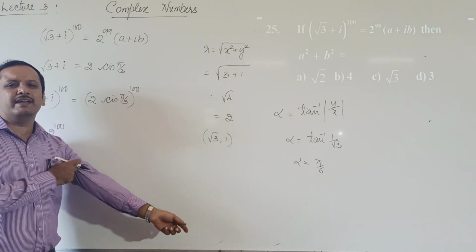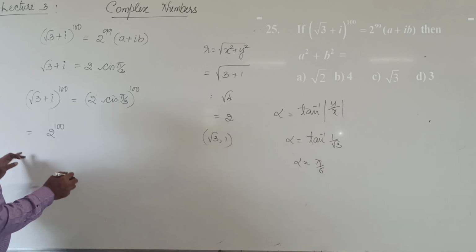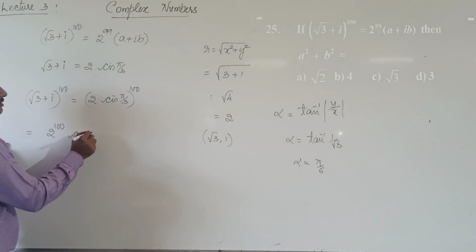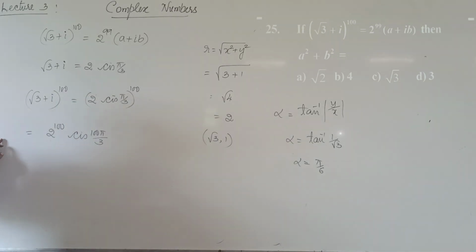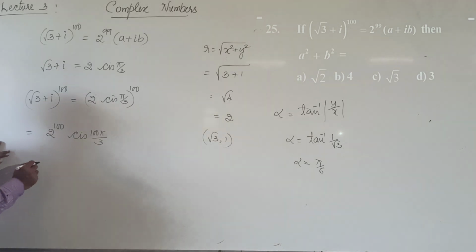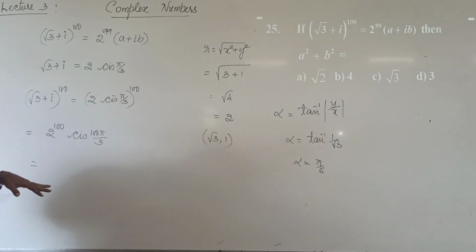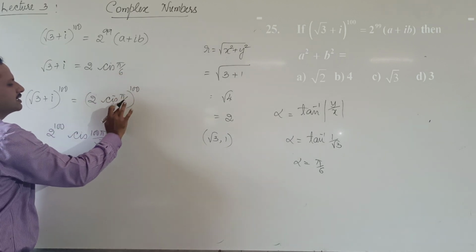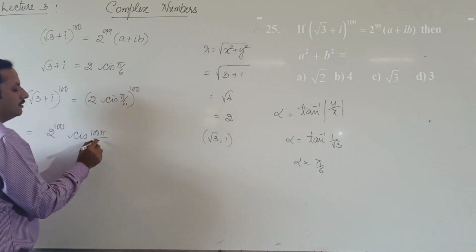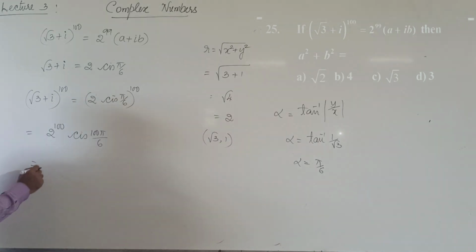Cis theta whole power n is equal to cis n theta. So this will give you cis 100 pi by 6. Okay. Sorry, make that correction, pi by 6.